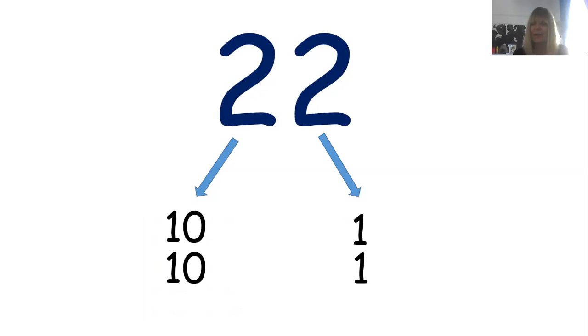And I can show you that here. 2 10s on the left hand side and 2 ones on the right hand side. So if you were going to show me that, you could show me like this: 10, 20, 2.